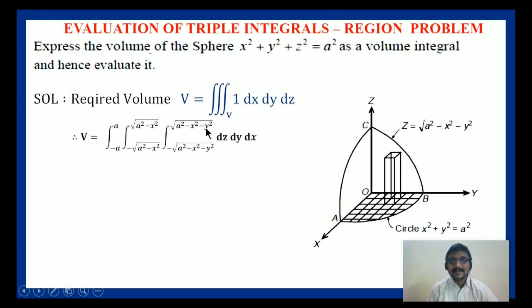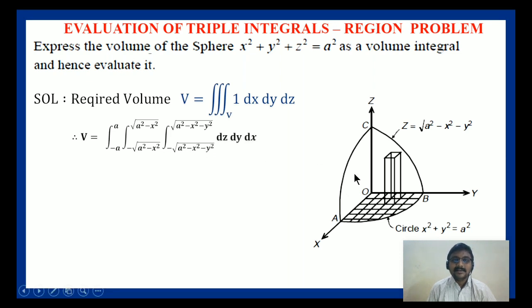That is, z limits are in terms of x, y, and the whole volume region is considered in the xy plane, so y limits are in terms of x, that is, negative root of a square minus x square to positive root of a square minus x square, and x varies from negative a to positive a. So these are the limits considered for the whole volume of the region.